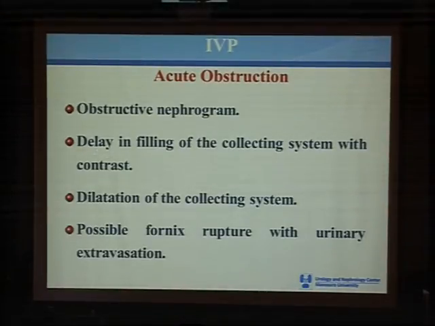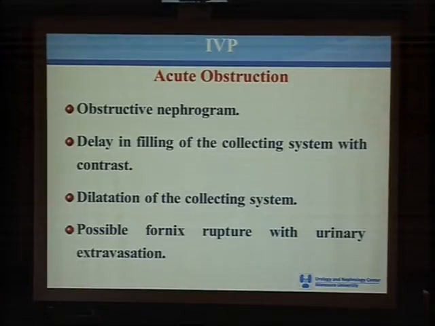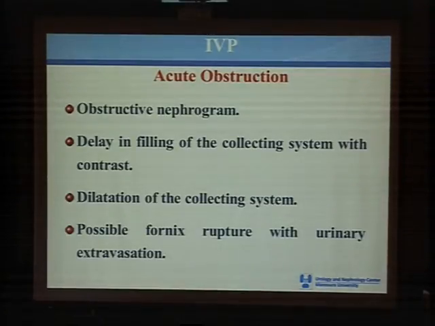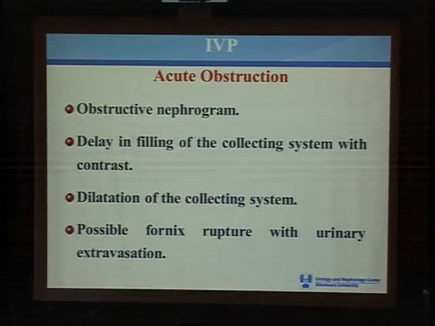Another sign of acute obstruction is delay in the filling of the collecting system. You may inject the dye today, and the kidney may not excrete the dye even after 1 or 2 days. We call it delayed excretion of dye.